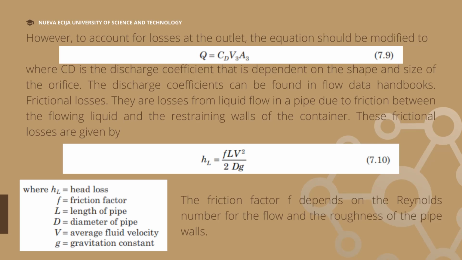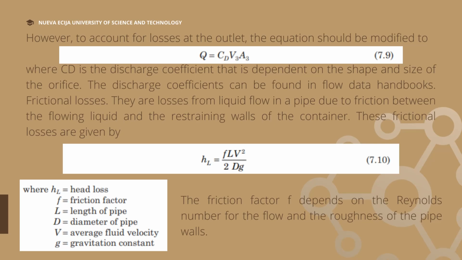Friction losses. They are losses from liquid flow in a pipe due to friction between the flowing liquid and the restraining walls of the container. These frictional losses are given by HL equals FLV squared over 2DG.